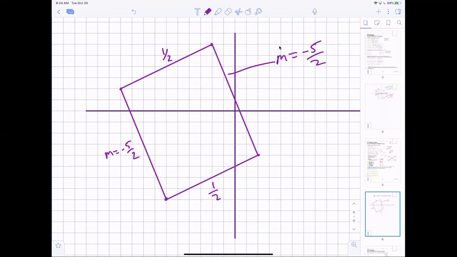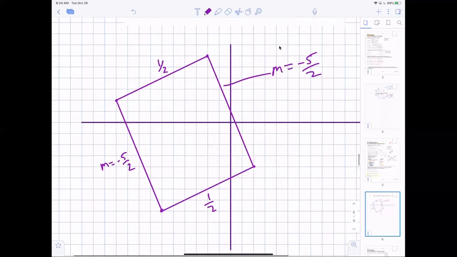Now, I can clearly see that it's not a square or a rectangle. So I guess we're just going to have to measure out the sides just to be certain.